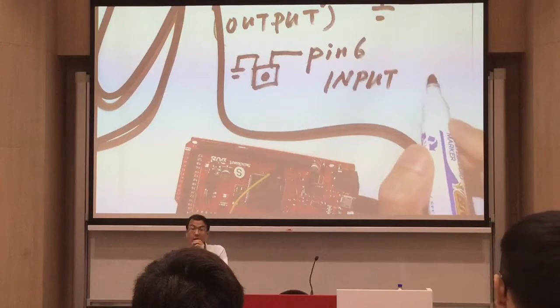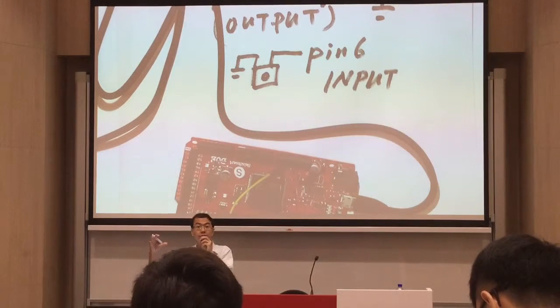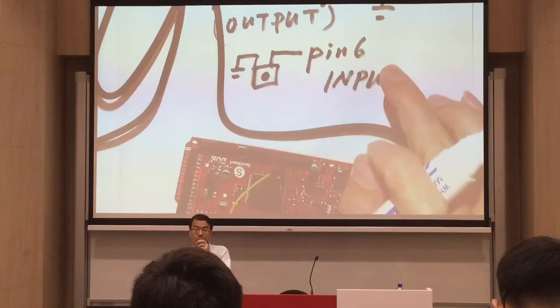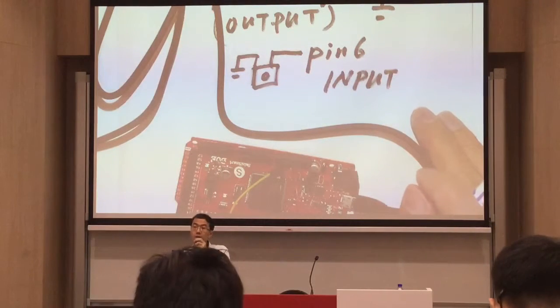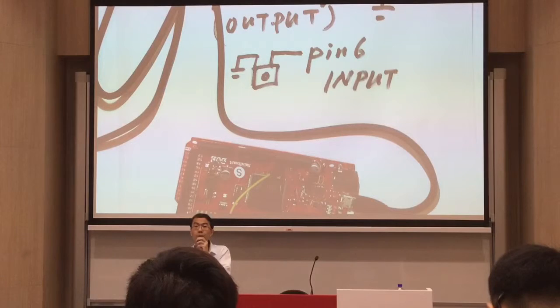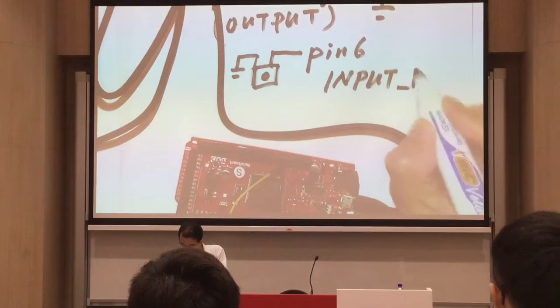So this input last week we also discussed, right? We have this pull-up resistor, right? Connect to this input pin, right? So basically, what it means is, if you don't have any inputs, right, this input pin is always high because there is a pull-up resistor, right, connect to VDD. You still remember this one, right? So for this input, basically we define as an input pull-up, right?